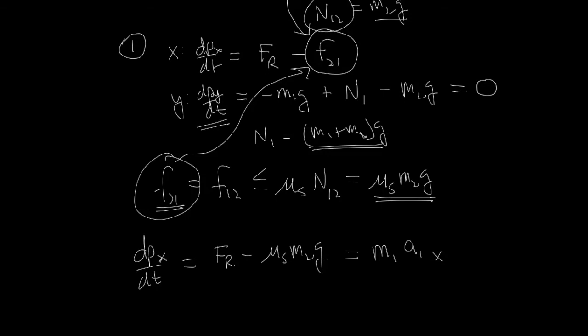The x component of the acceleration. The other thing we have to recognize is that the x component of acceleration of block 1 and the x component of acceleration of block 2 have to be the same because they're connected together. They have the same velocity at every moment in time. Therefore, they have the same acceleration at every moment in time.